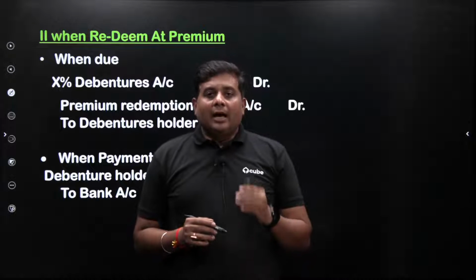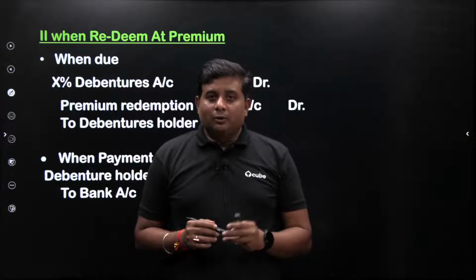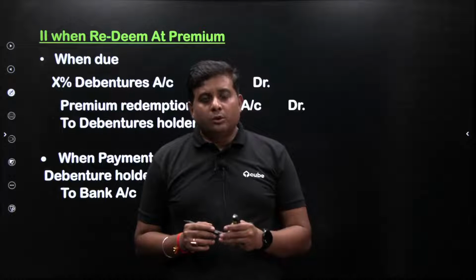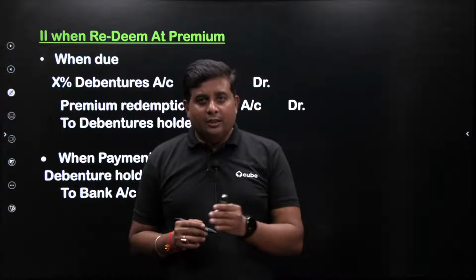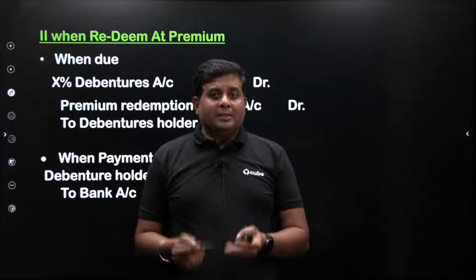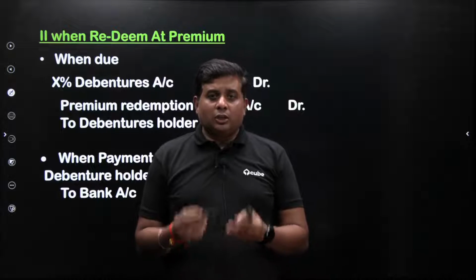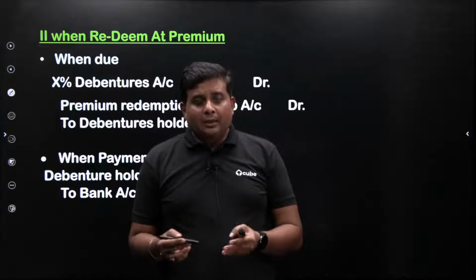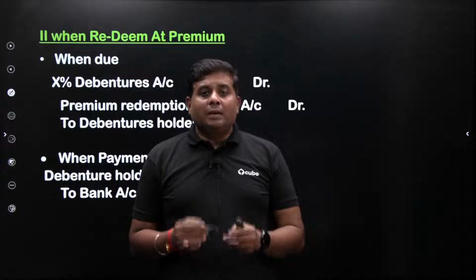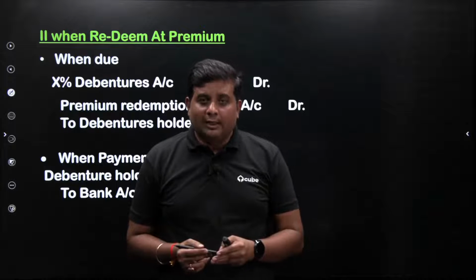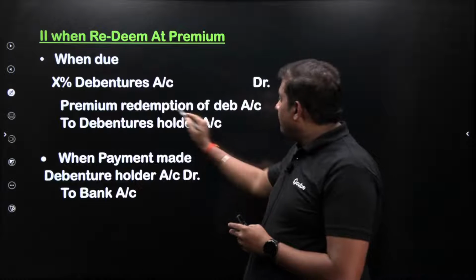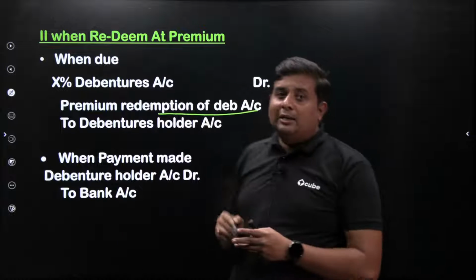Now, while making the payment towards the redemption of debentures, if you need to pay some additional amount on account of premium, that payment becomes a capital loss for the organization, and that's the logic why premium on redemption of debentures account is being debited.